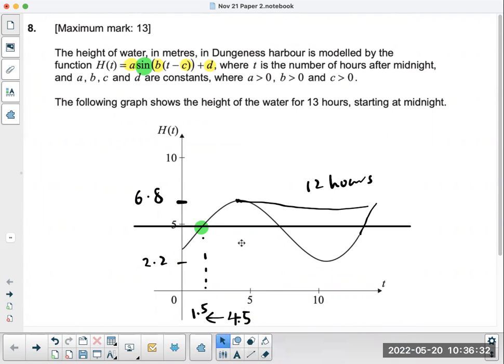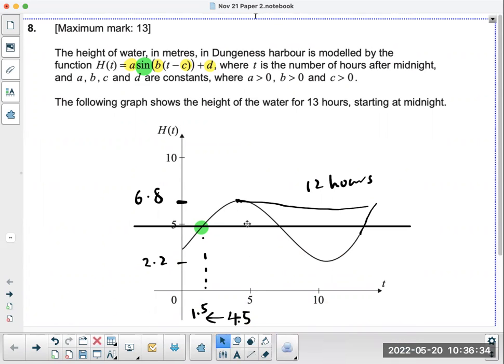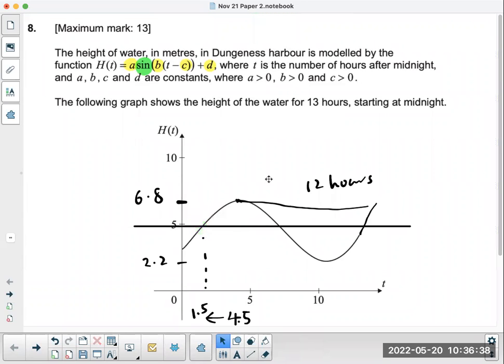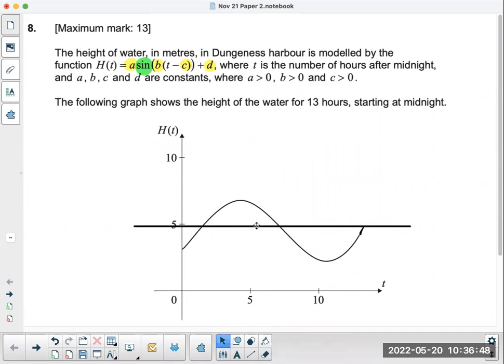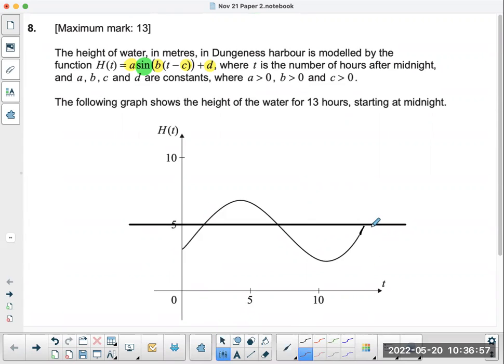So maybe I'll clean this up a little bit. I'm going to raise this so that you can see it better. I'm going to put this right on 5 meters. The graph is going to keep going.